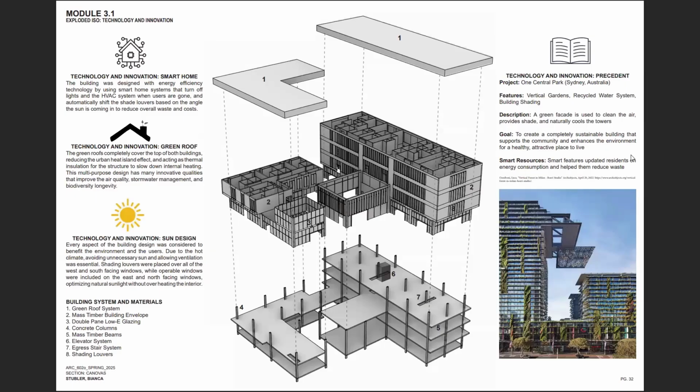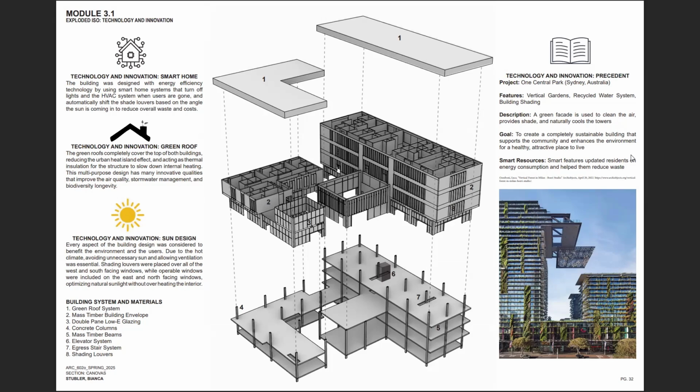And then going into the exploded ISO, this is really explaining a lot of information, some of which is the technology and innovation. So having those smart home features. When the sun is at different angles in the sky, the louvers on the shading, the windows change based off of where that sun is hitting to try and shade most accurately.